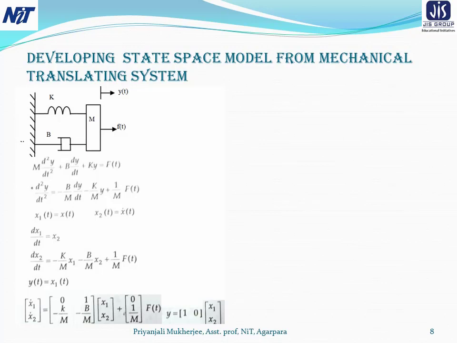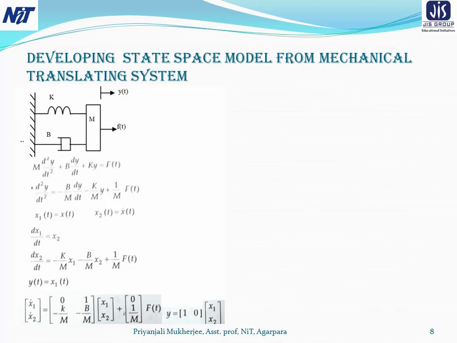So next we need to find out the state variables, or we will assign the state variables. So here we can take that x1 is equal to x of t, and if x1 equals x of t, then x1 dot is equal to x dot, that becomes x2, and similarly x2 dot becomes minus k by m x1 minus b by m x2 plus 1 by m into f of t.